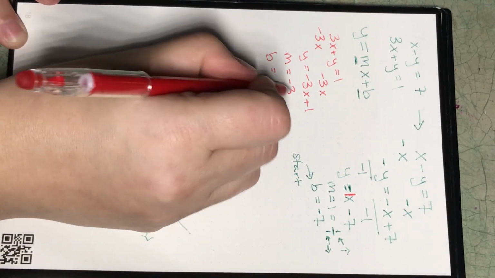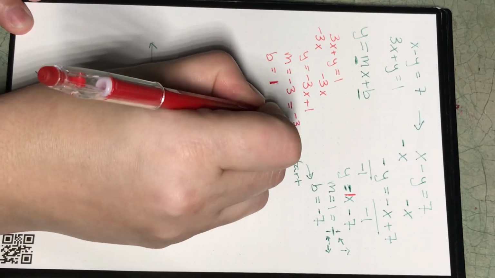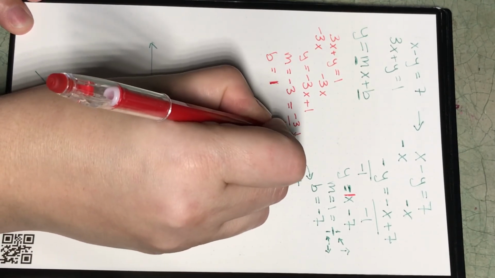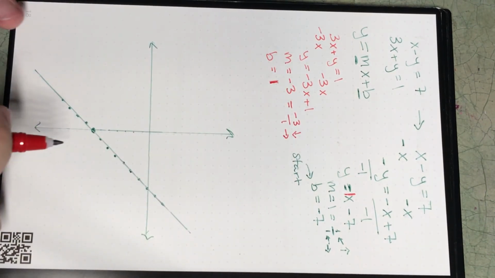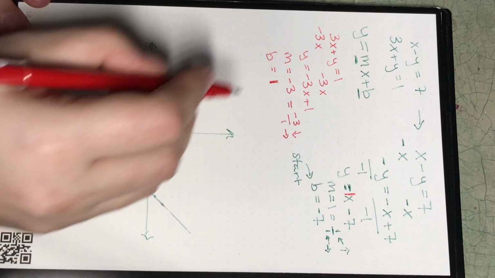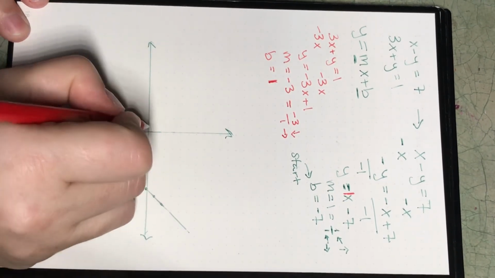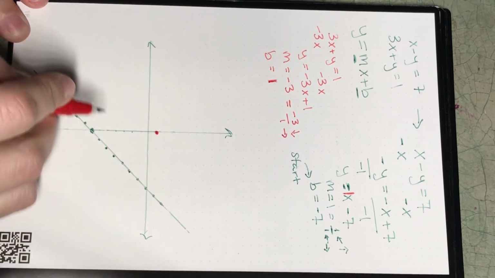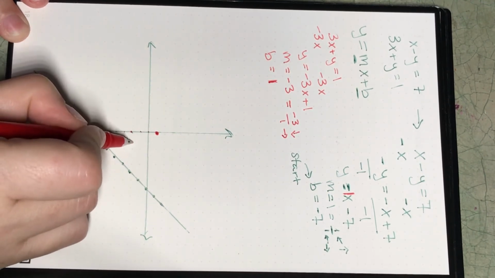And since again my m isn't a fraction, I'm going to rewrite that as a fraction. So this is going to be down 3 for every 1 I go to the right. Okay, so I will start at positive 1, and then I'm going to go down 3, 1, 2, 3, and over 1.